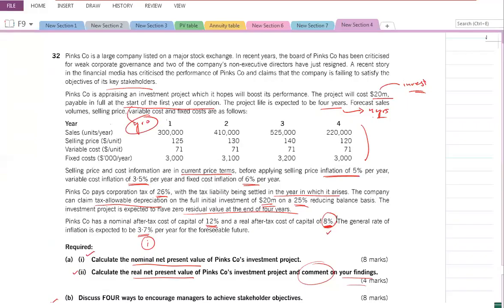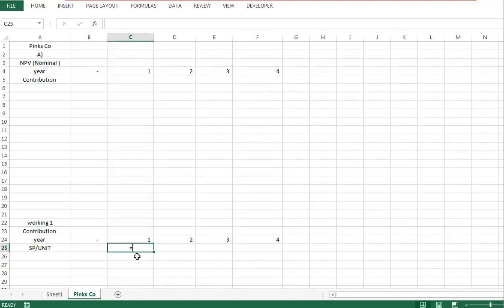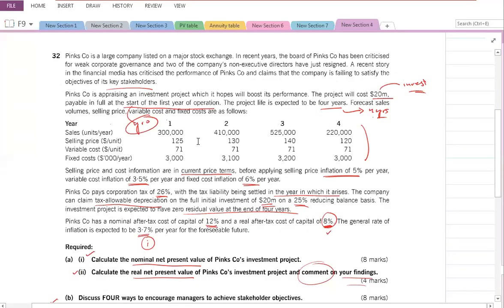I'll say it's 125 multiplied by 1.05, the inflation rate, raised to the power 1. I'll apply it on all the cells, but then I have to do some adjustments, right? Can you see it's 125 for the first year and then 130, 140, 120 for year 2, 3, and 4.